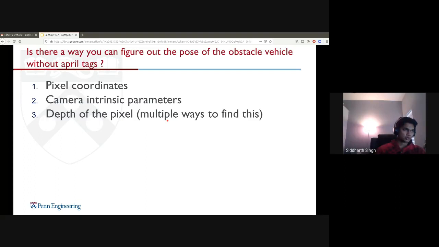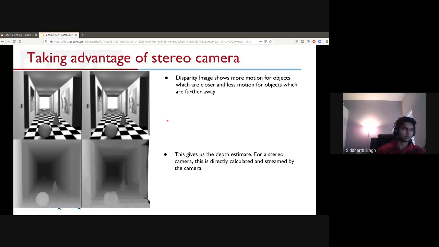How do I take advantage of the stereo camera to solve the problem of finding the position of a point in the world frame? For that, we'll have to first talk about the stereo camera itself and how it helps in providing us with the depth, right?